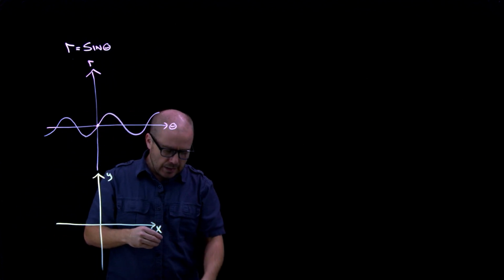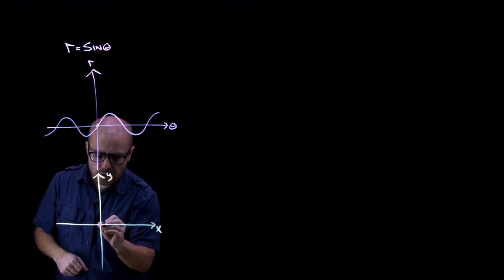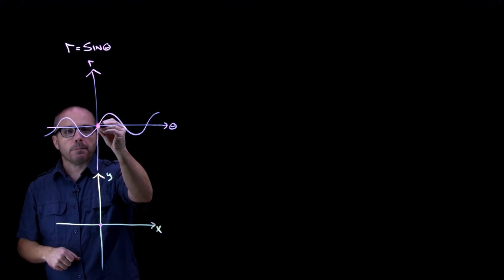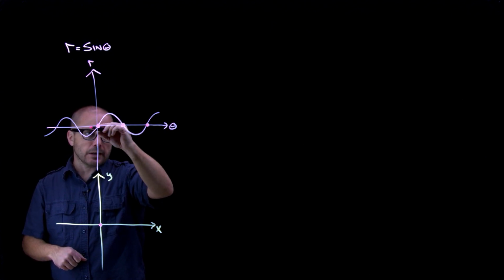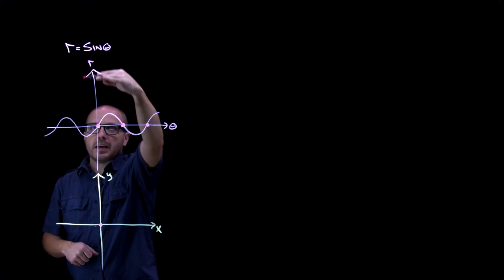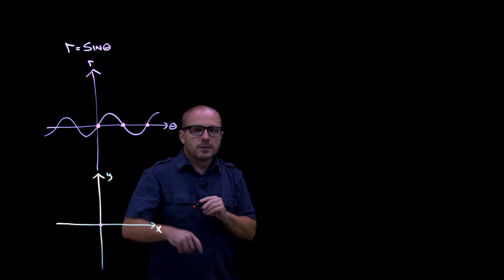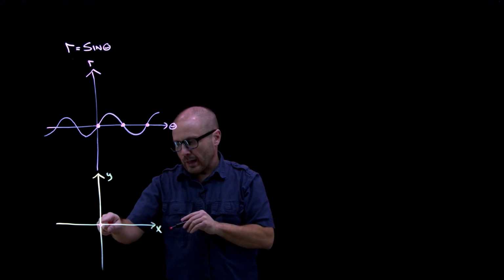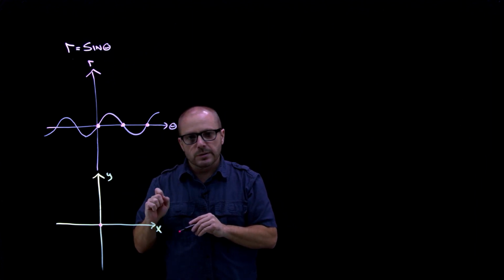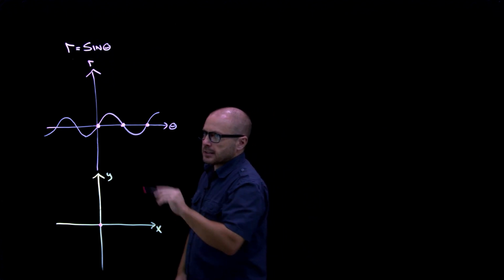So that's a key point. We're at the origin. Every time this graph comes into contact with that axis represents an r of 0, which means you're back at the origin. So we can translate what we know about intercepts to points at which the curve passes through the origin.